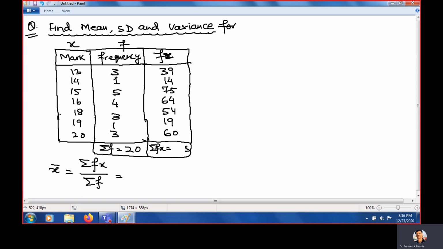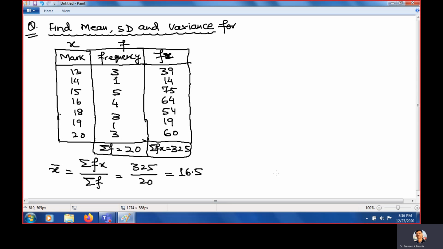It is 39 plus 14, 53, plus 75, 128, plus 64, 192, plus 54, 246, plus 19, 265, plus 60, 325. So it is 325 upon 20, and if you divide it, you will get 16.25. This is the mean. Clear?